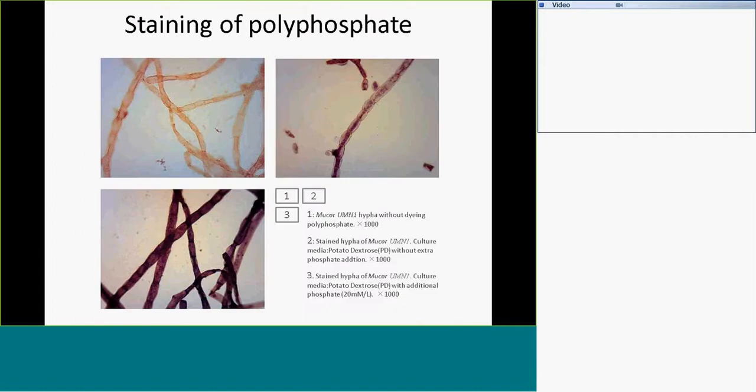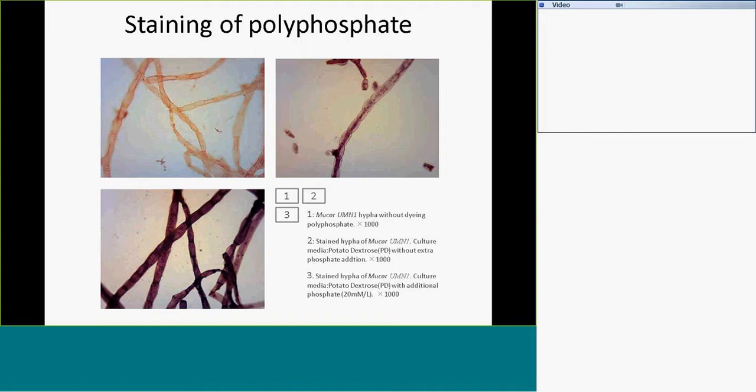Any of you working on the enhanced biological phosphorus removal process probably heard about polyphosphate accumulation. So EBPR is widely used in municipal wastewater treatment, in centralized wastewater treatment. The first step uses activated sludge to remove the COD, and in the second and third steps you use the combined process called biological nutrient removal to remove phosphate and nitrogen.